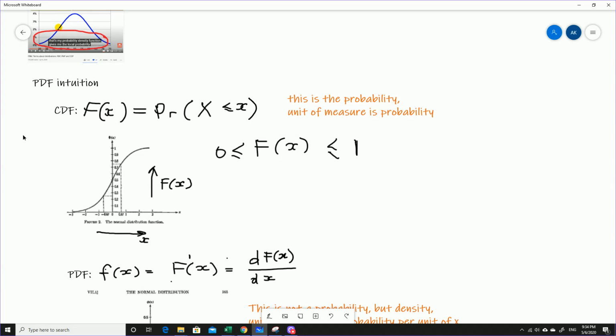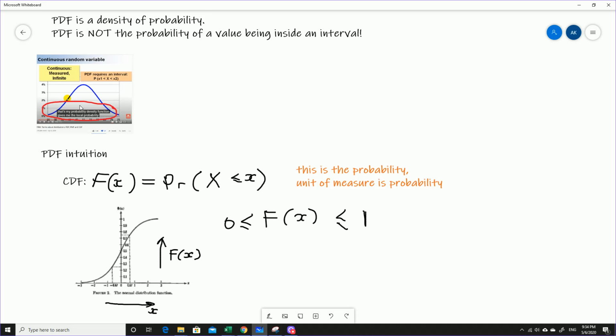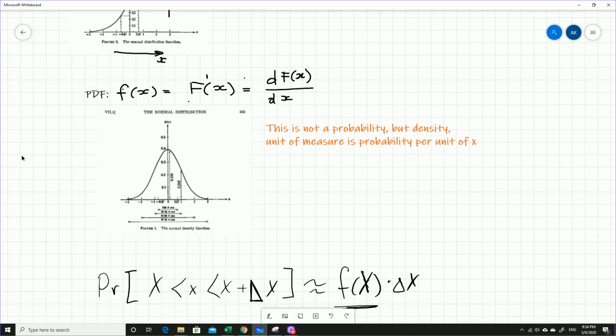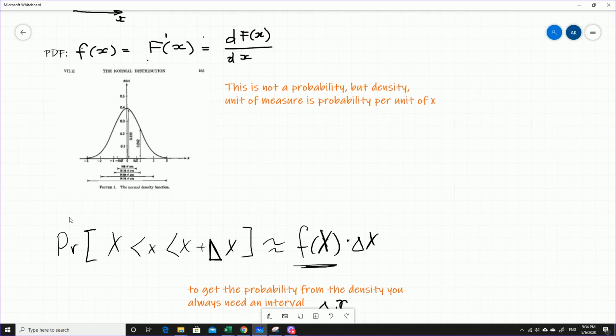And that's how I think people can make this mistake, thinking that PDF returns you the probability. No, PDF does not return you probability. How do you get to probability? Well, that interval thing which they discussed in the Bionic Turtle video works like this. What is the probability that your random number is between, let's say, some x and x plus delta x? So your random number is in an interval of the width delta x. It could be a narrow interval, it could be wide, but what is the probability?